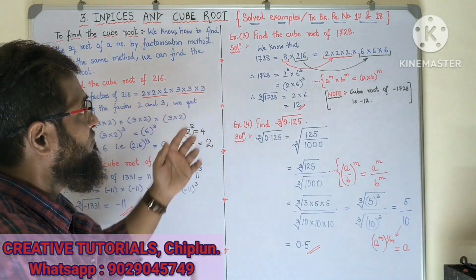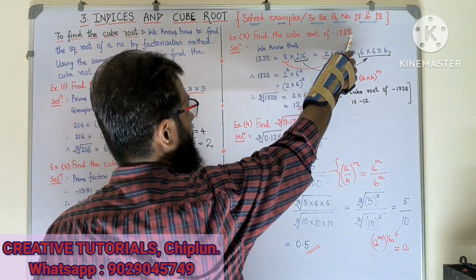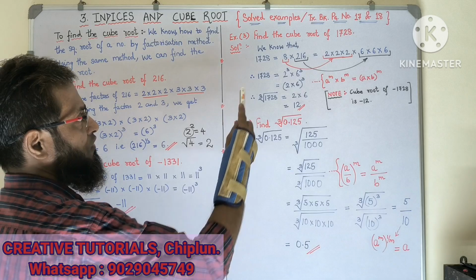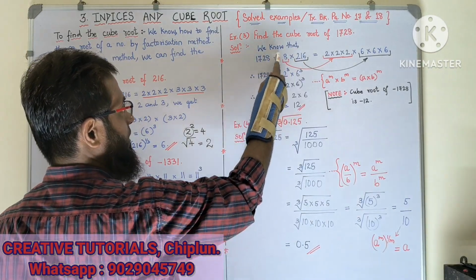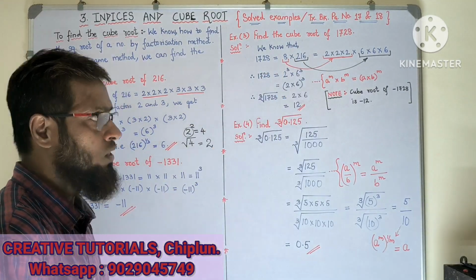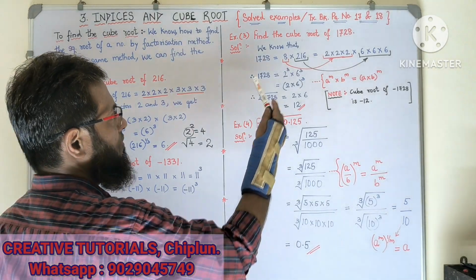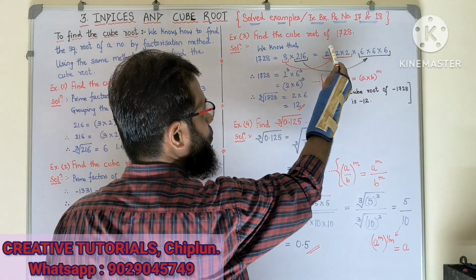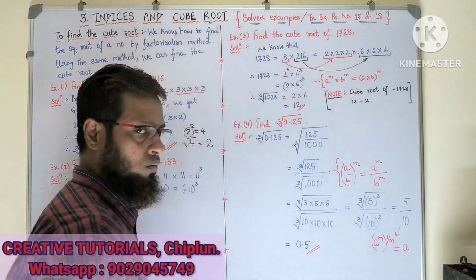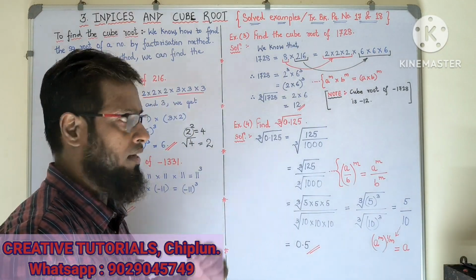Let's come to question number 3. Here they're telling us find the cube root of 1728. So now we know that when you multiply 8 and 216, we get this number 1728. Now this 8 I can split as 2 multiplied by 2 multiplied by 2, because 2 2s are 4 and 4 2s are 8.